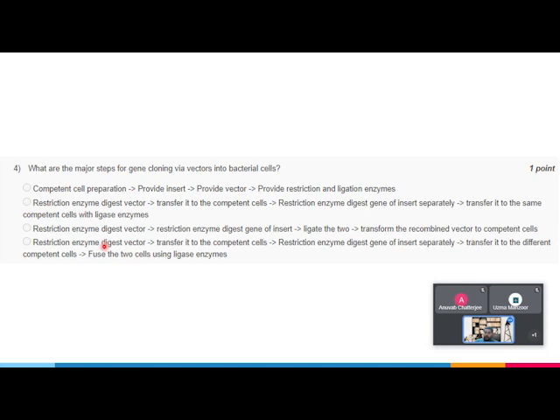And finally, we have restriction enzyme digestion of the vector, transfer it to the competent cells, restriction enzyme digestion of the insert separately, and transfer it to different competent cells and fuse the two cells using ligase enzyme. Only one of the four options is correct. You can try and answer this in the comments.